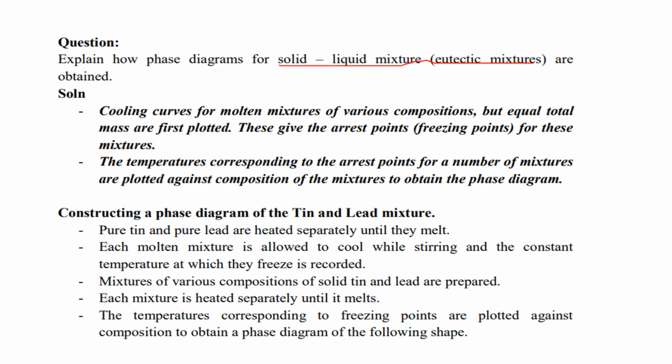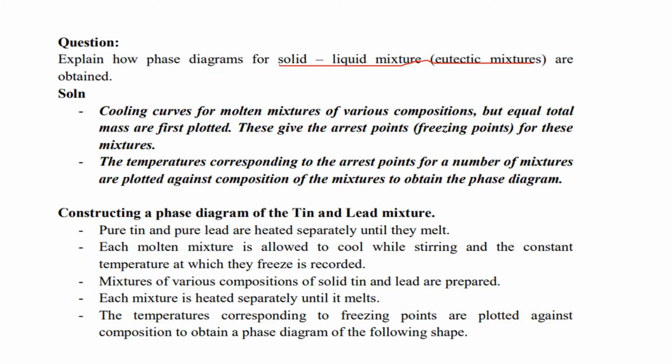The cooling curves will give you their arrest points or freezing points. After getting all that, we put those on graph paper so that we can attain our phase diagram. The graph will be temperature against composition.